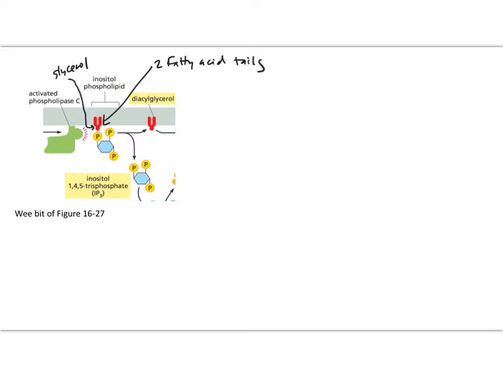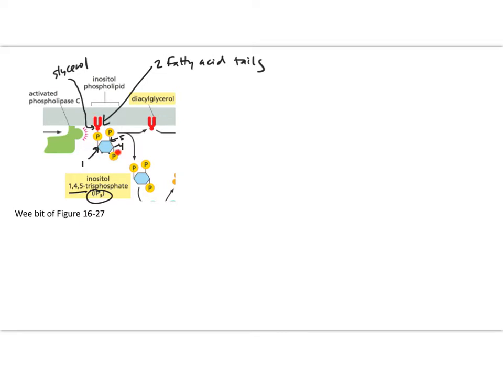As you may recall from other classes, we count carbons and we can number them. So this is the first carbon, then we have second, third, fourth, and then the fifth carbon. Hence the 1,4,5 triphosphate, and there are 3 phosphates. And again, this is abbreviated as IP3, the inositol phosphate, and then the 3 for the 3 phosphates.